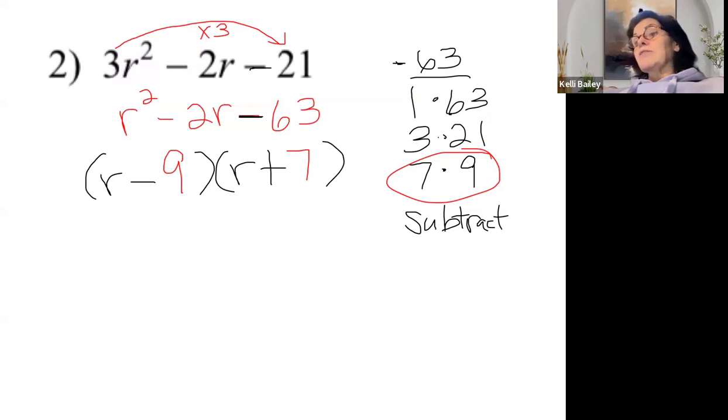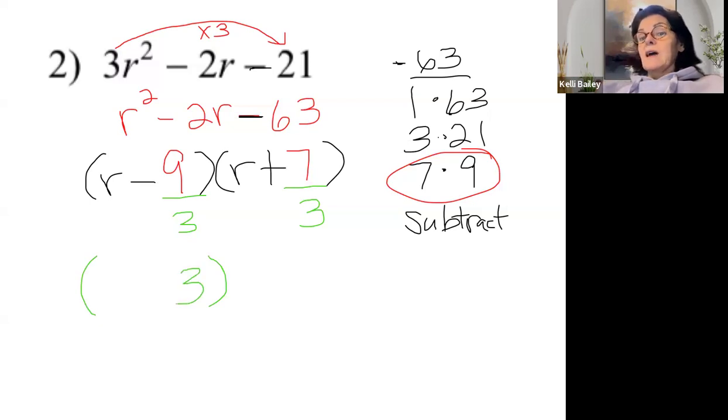So we multiplied by 3. That means we have to divide by 3. So we're going to put it under here. Okay. So in my first little quantity, 9 divided by 3 is actually 3.